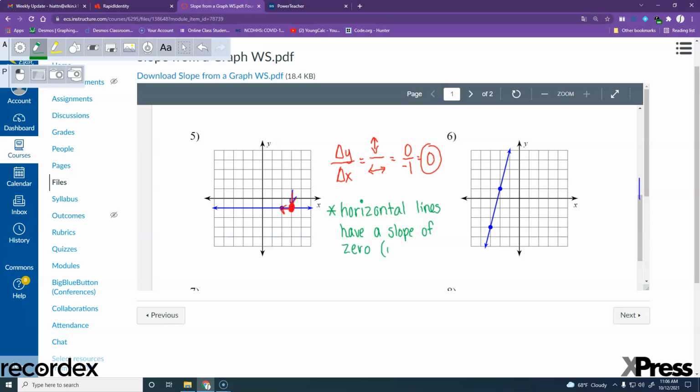Sometimes this is also called no slope. And that kind of makes sense, right? If we're talking about how steep a line is, and it's flat, it's not steep at all, no slope at all would be 0.